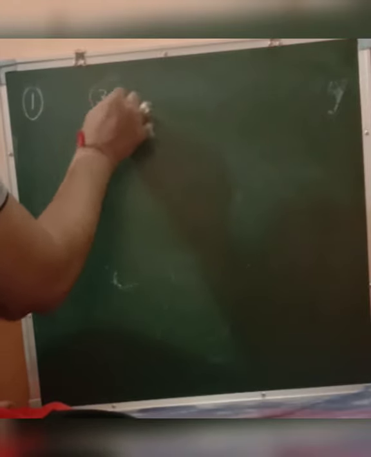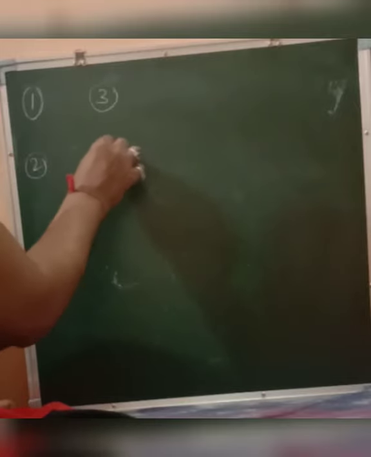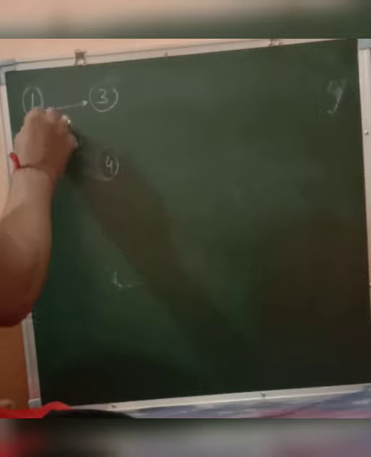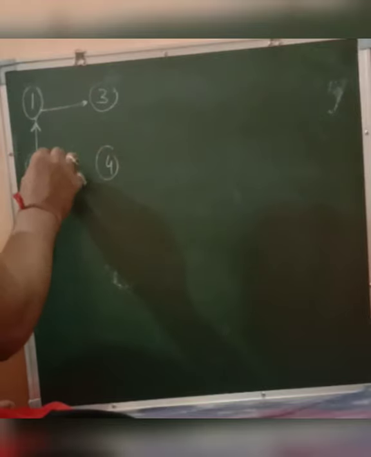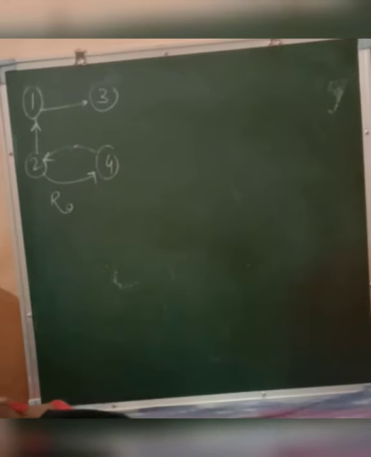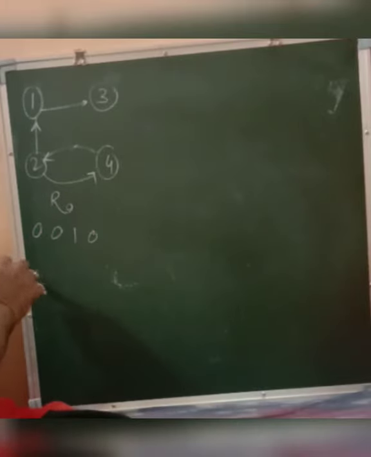So now here, we will take the first example. This is vertex 1, this is vertex 3, this is vertex 2, this is vertex 4, which we have taken, and the same thing we will write here now. R0 will be the first step which we are seeing: 0, 0, 1, 0, because 1 is connected to 3.